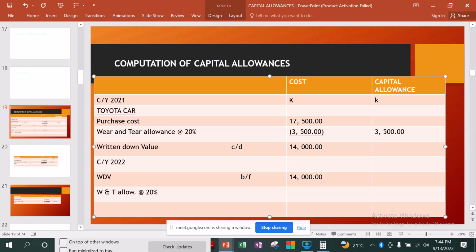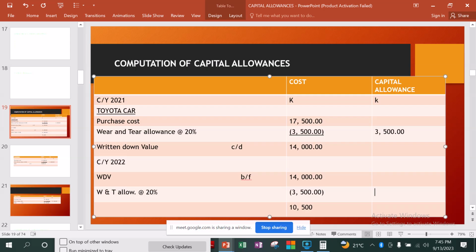The capital allowance is not calculated on written down value, it's calculated on the original cost. The original cost is 17,500, so we are going to have 3,500 as wear and tear. Ending up with 10,500.